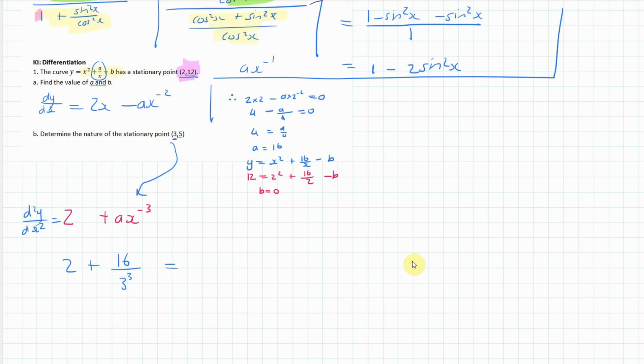What does that give us? 2 plus 16 over 27 gives us a positive number, 70 over 27. Now, since the second derivative is greater than 0, therefore this is a minimum point.